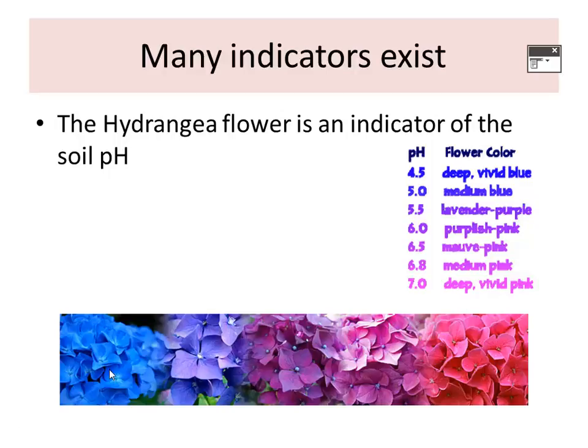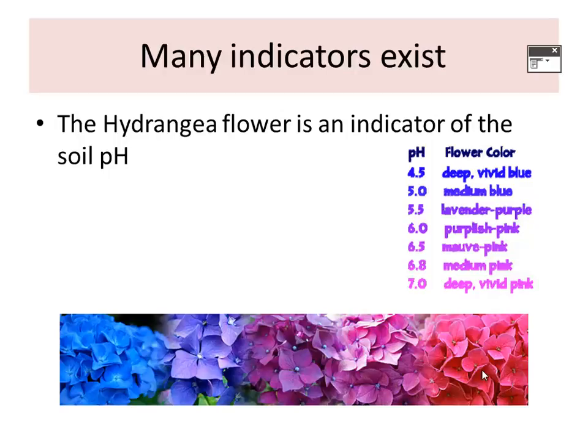In an acidic soil, a pH between 4 and 5, you're going to have a very blue hydrangea. If you get more neutral, it's a pink color, and in between, it's a purplish color. So you can have this whole range of soil pH, and that will determine the color of the flower.